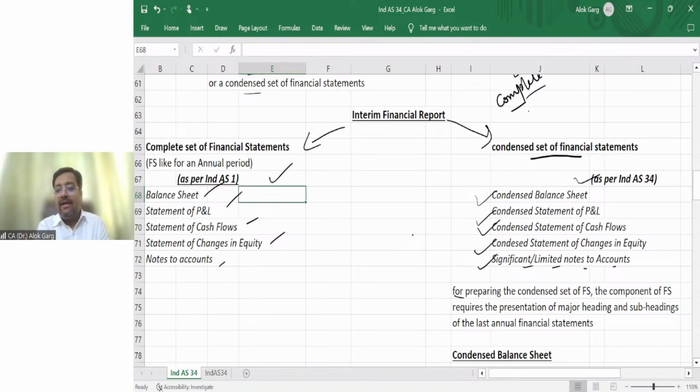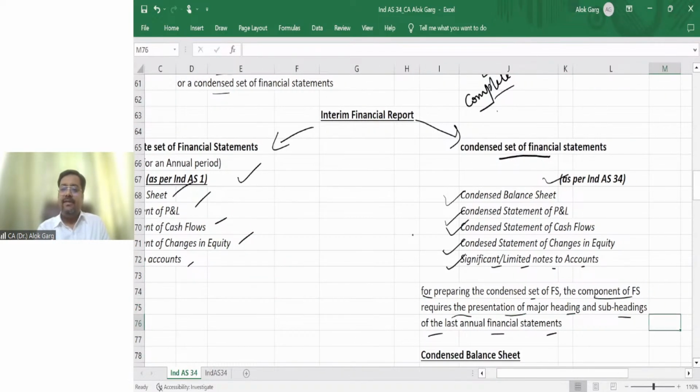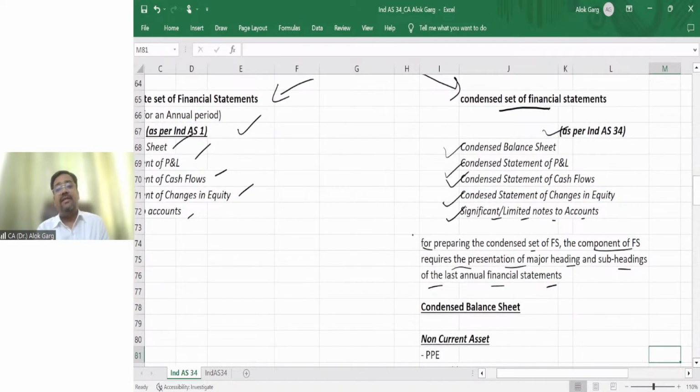For preparing the condensed set of financial statements, the component of financial statements requires the presentation of major headings and subheadings of the last annual financial statements. Friends, now the standard says that, for example, last time you prepared the entire balance sheet, and on an annual basis, the company has to prepare the full set.